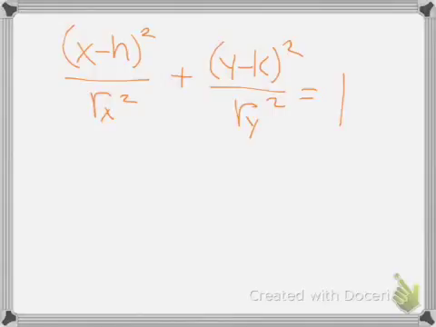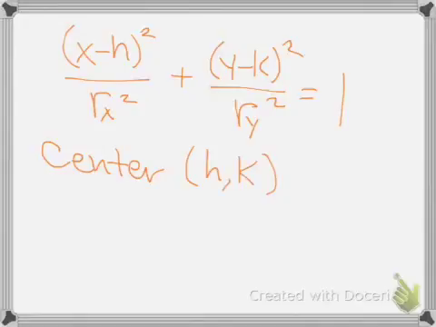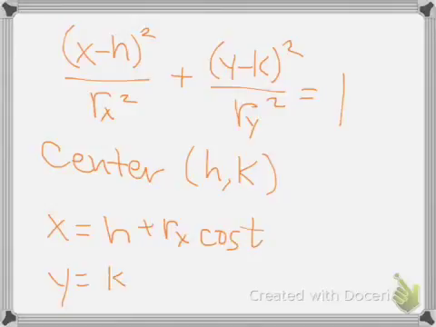So when you talk about the parametric, you have your center, which is h comma k, and then you have your x radius and your y radius. Well, the parametric is x equals the x value of the center plus the x radius times cosine t, and y equals the y value of the center plus the y radius times sine t.